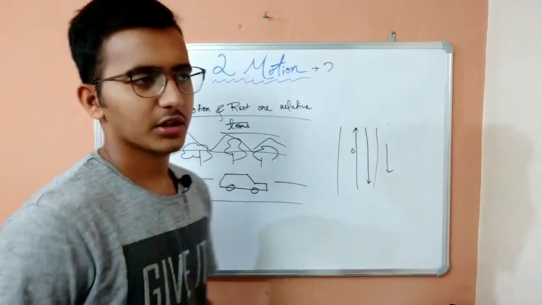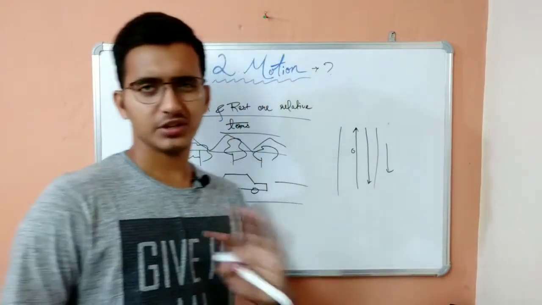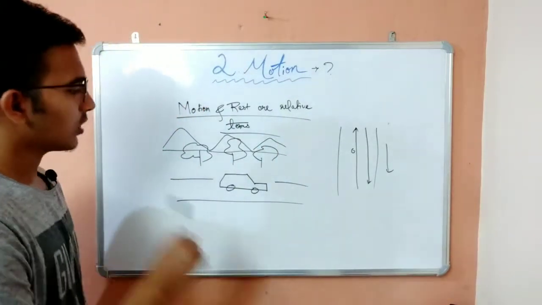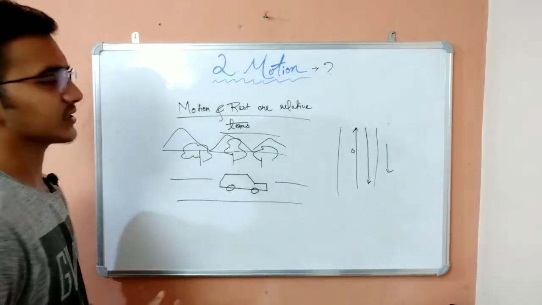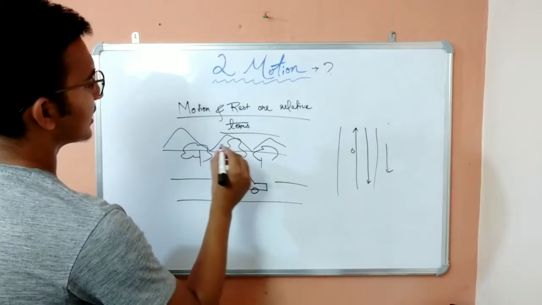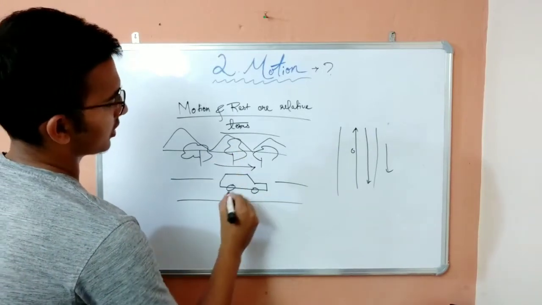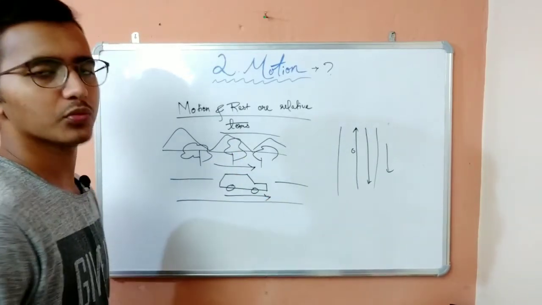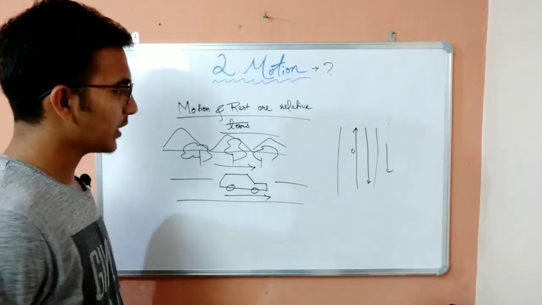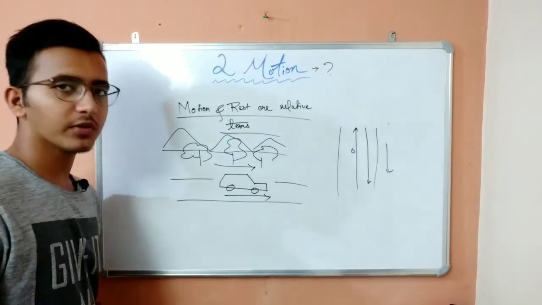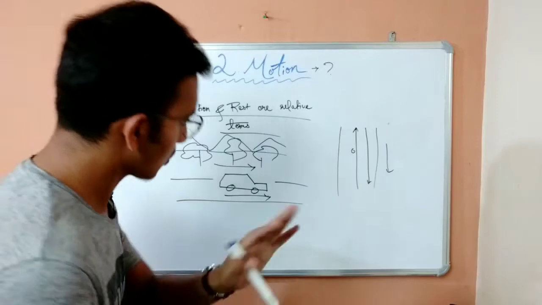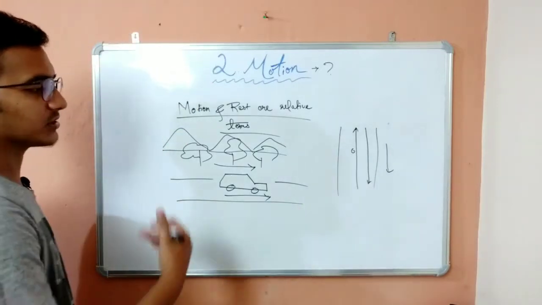You're traveling at 30 to 40 km per hour speed, normal speed. What will you observe if you look at the mountains and trees? You will observe that they are also moving along with you. But does that really happen? Do the mountains and trees move along with you? Is it true? No, it's not true.